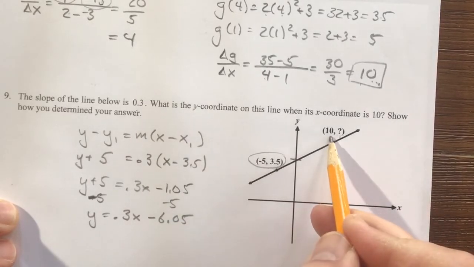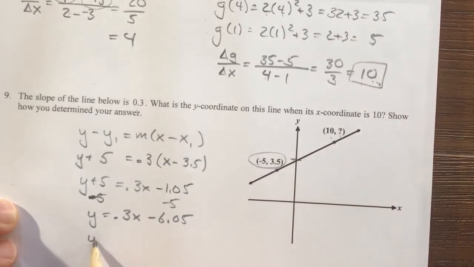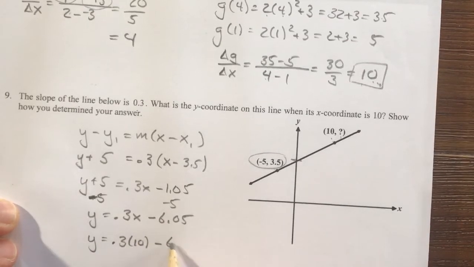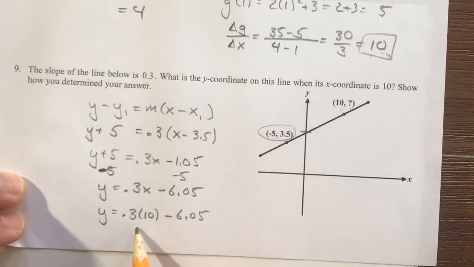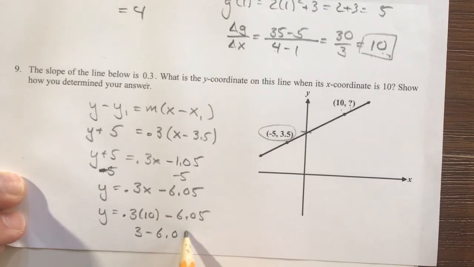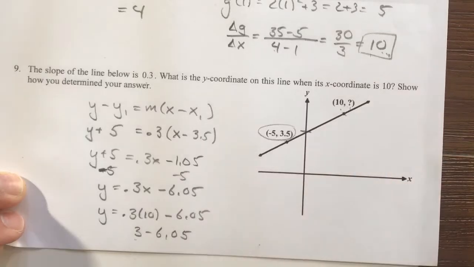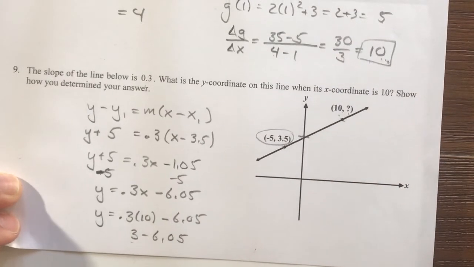So when the input is 10, what's the output? Could do that. That turns into 3. 3 take away 6.05. Something's wrong, because I'm getting a negative answer. That can't be right. So I made a mistake somewhere.